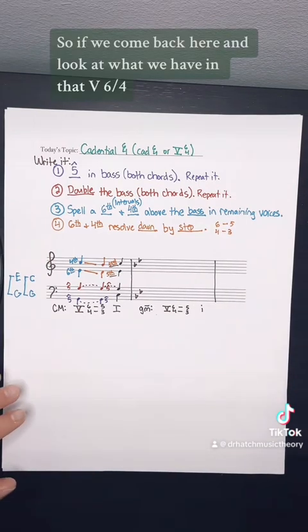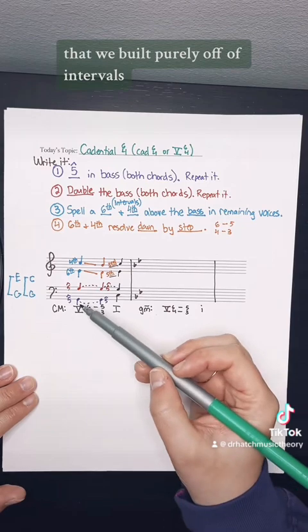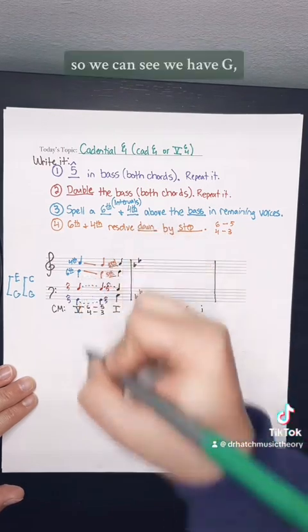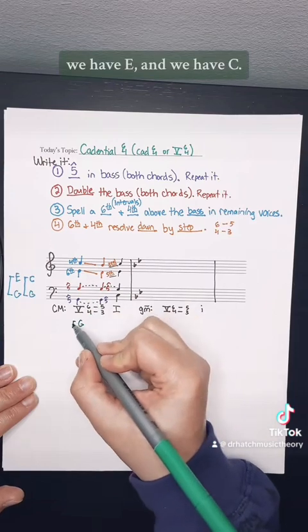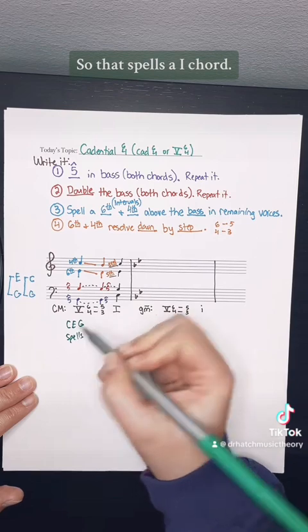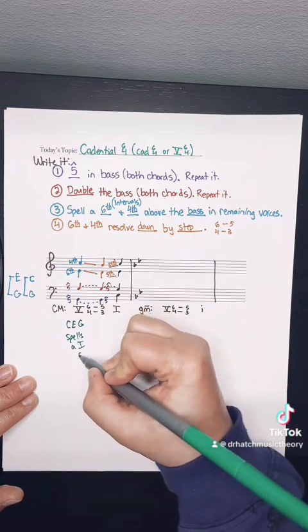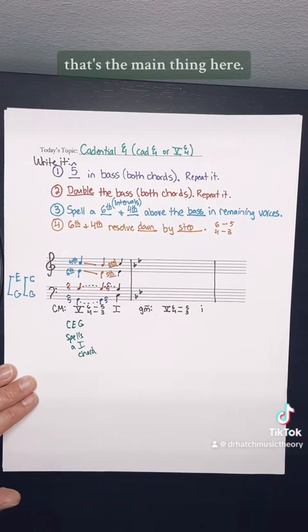So if we come back here and look at what we have in that 5/6/4 that we built purely off of intervals, we can see we have G, we have E, and we have C. So that spells a 1 chord. It spells the 1 chord, but it doesn't function as a 1 chord. That's the main thing here.